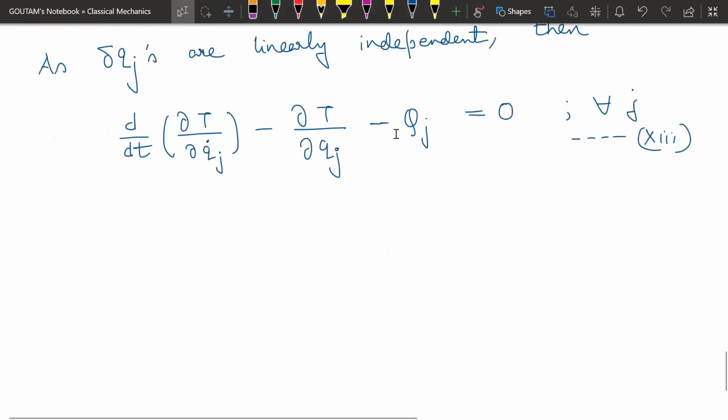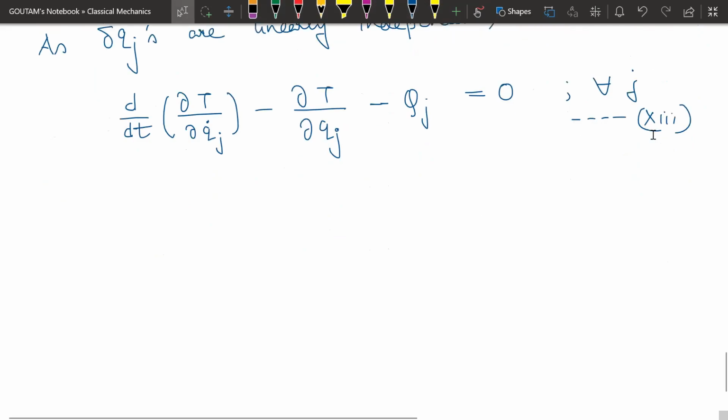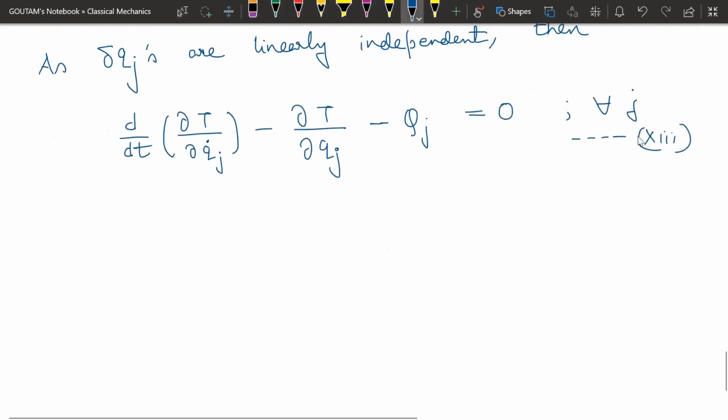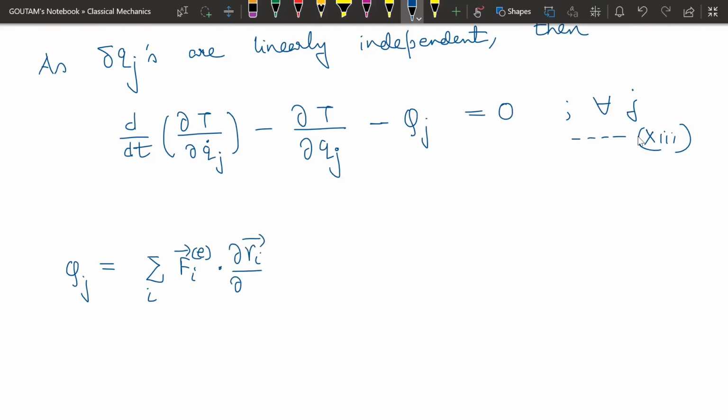Now let's look at this Qj, this generalized force. So what was Qj? Qj was the sum over i of Fi external dot del ri del qj.